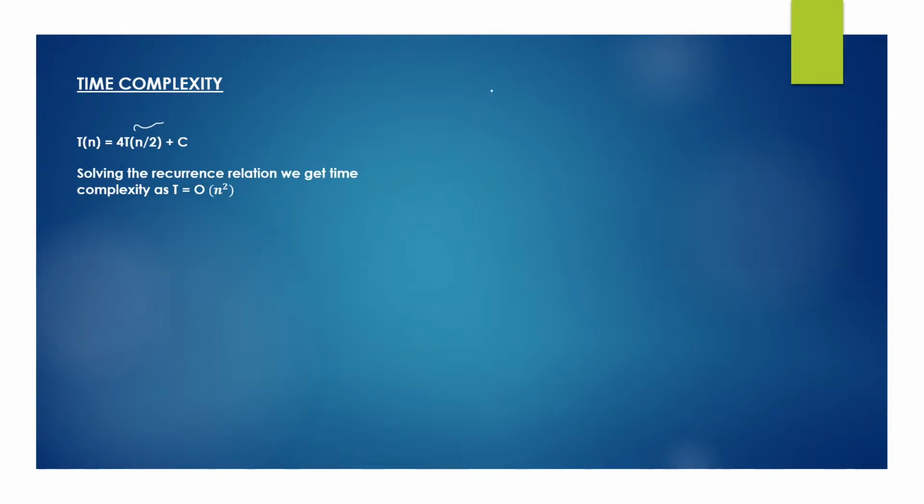As you saw, we had an 8 cross 8, we split it into 4 cross 4. So T of n equals 4 times T of n by 2 plus a constant C. And if you solve this recurrence relation, we get the time complexity as order of n square, which makes sense. Okay. So that's how you solve the defective chessboard problem.